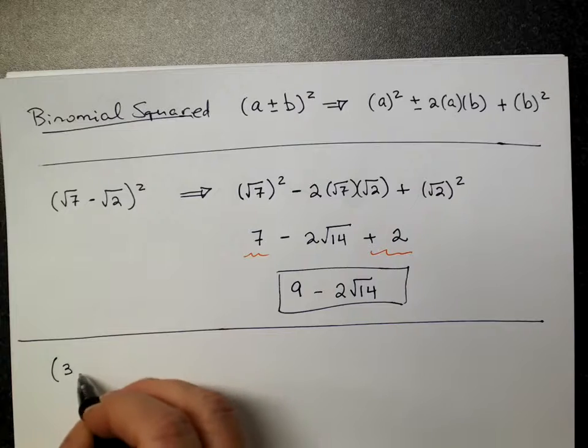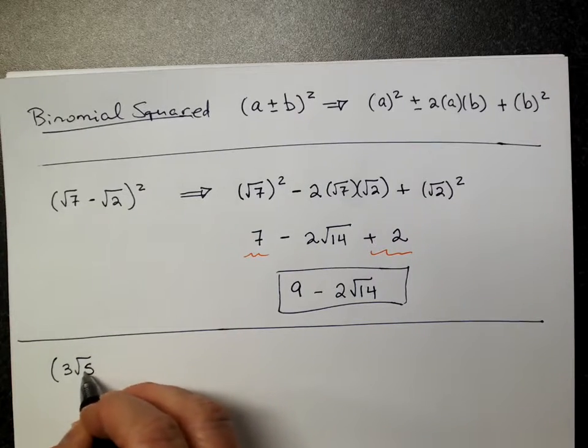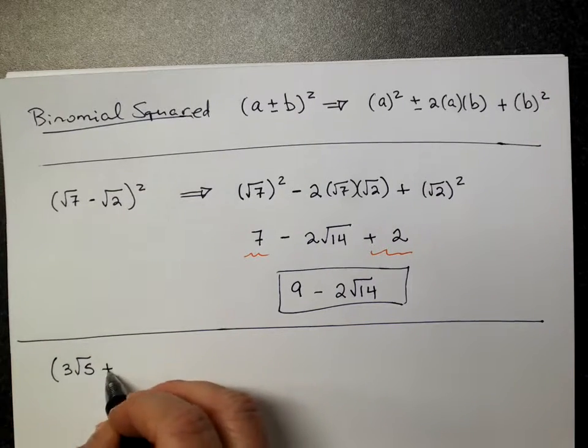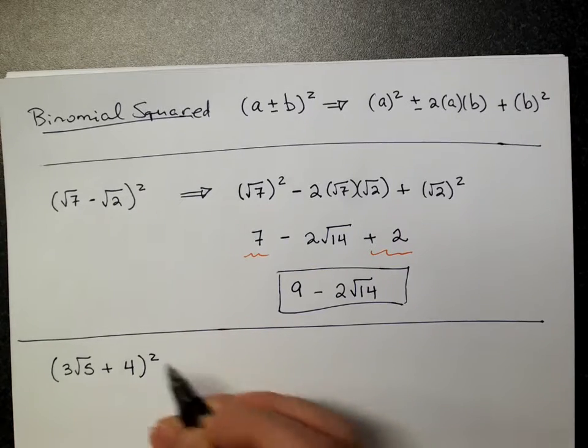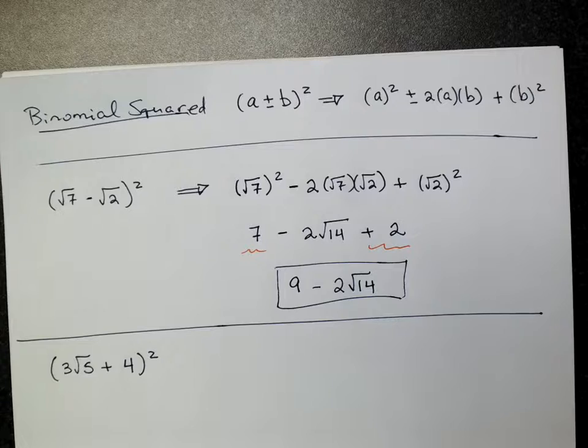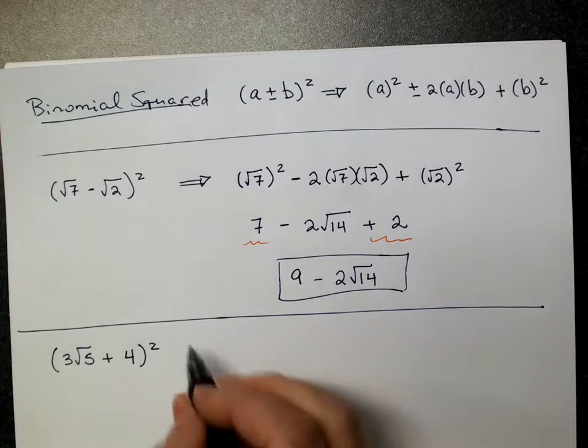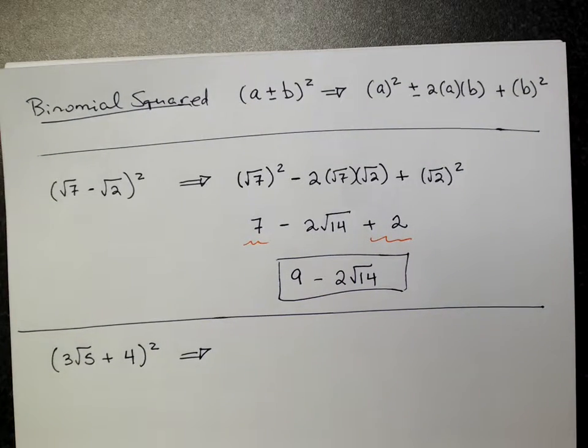Now this one has a coefficient in front of the radical, a plus sign, and then the second term is not a radical. But if it has at least one radical, it still follows that pattern and it should be expanded out. And here's where those parentheses are going to make a difference. Hint, hint.